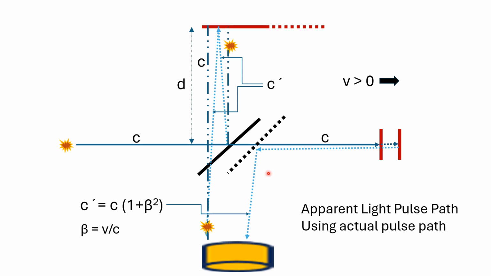So there are some serious problems associated with the use of the Michelson Interferometer, especially if you don't understand that the propagation of light is non-inertial. And you can see the same issue here: the diagonal paths are apparent paths, and the light is not moving at the speed of c along those paths.